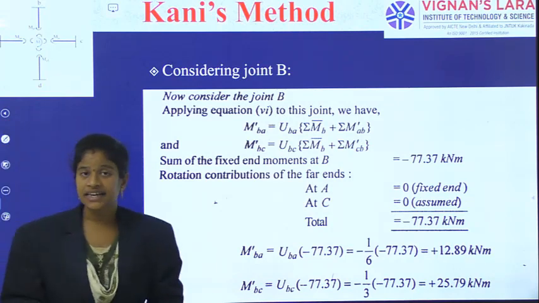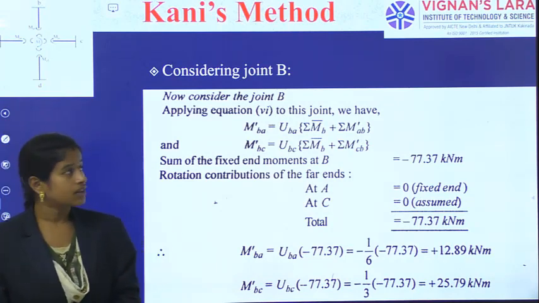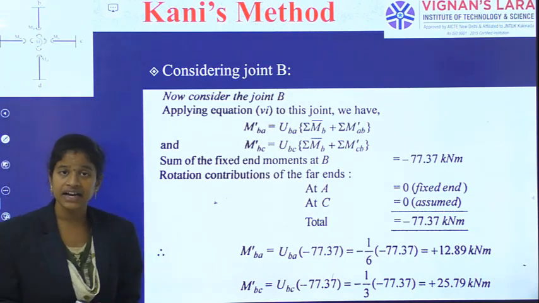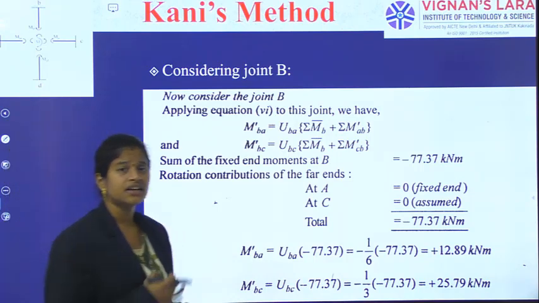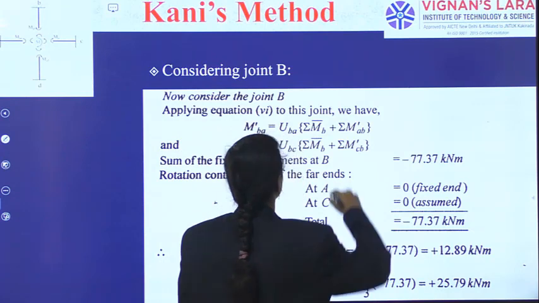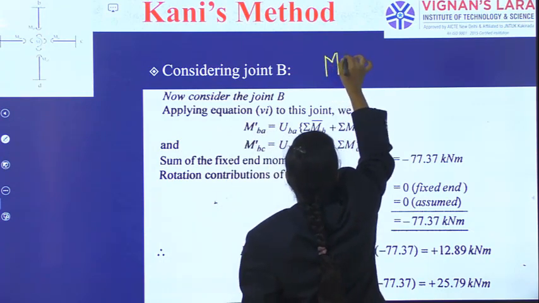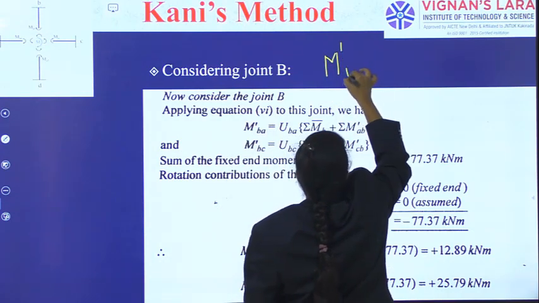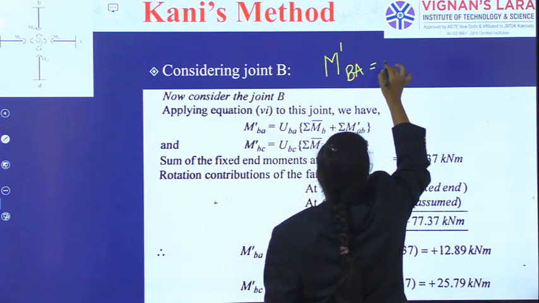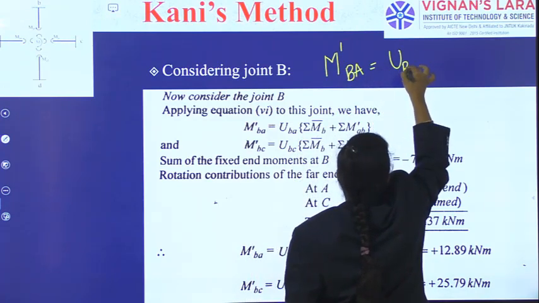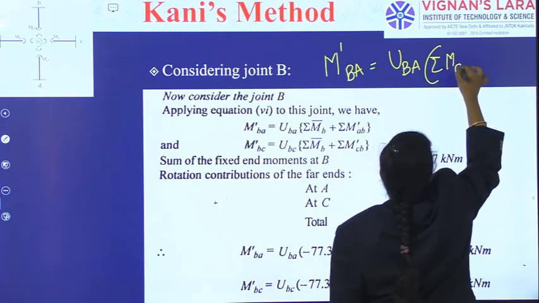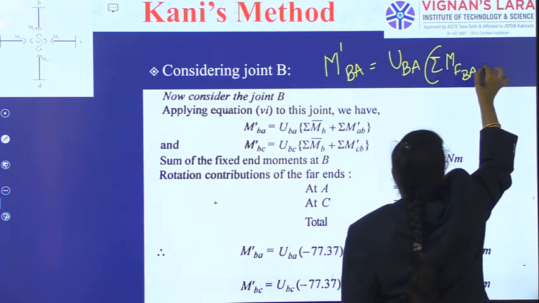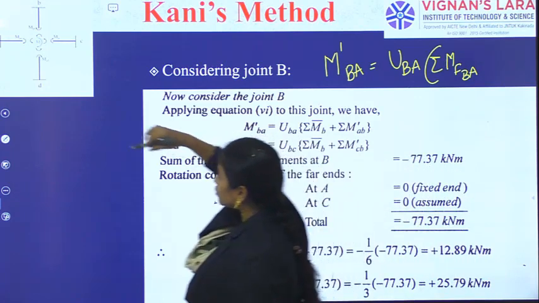Now, firstly, I am considering joint B, and applying our equation. So equation 6 is the general equation, which is helping what? M dash BA is equal to U BA into summation of M F BA, or summation of MFB, anything you can write.